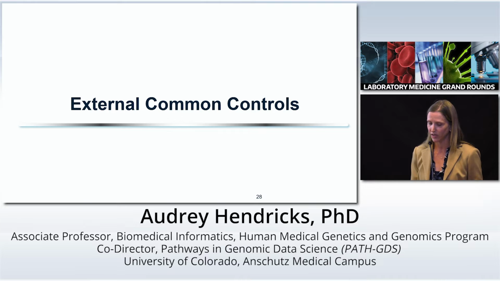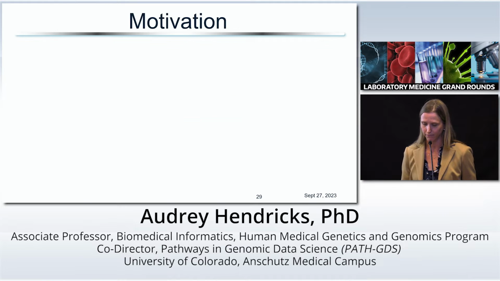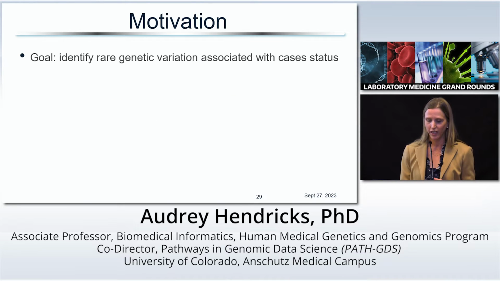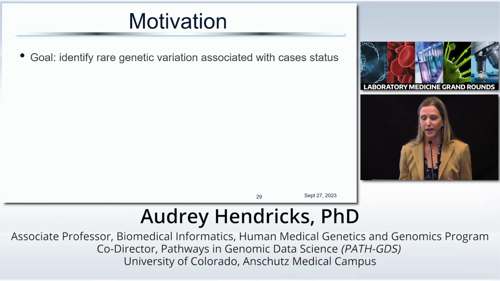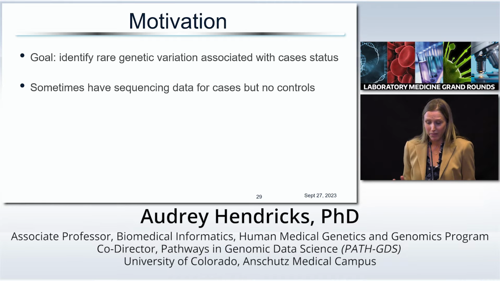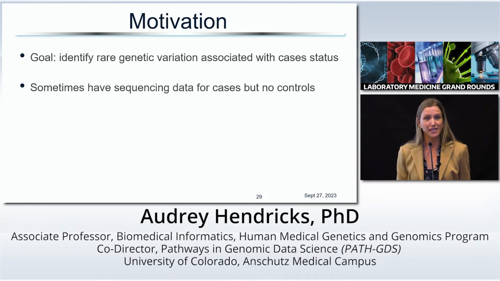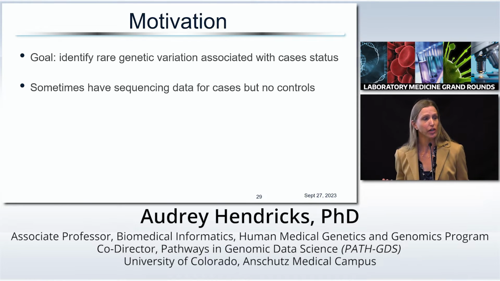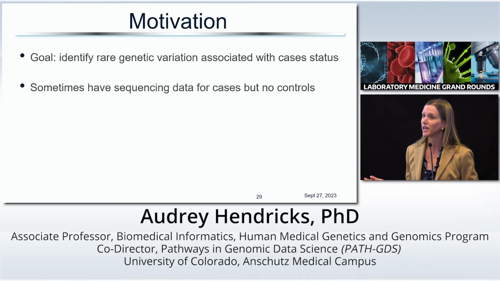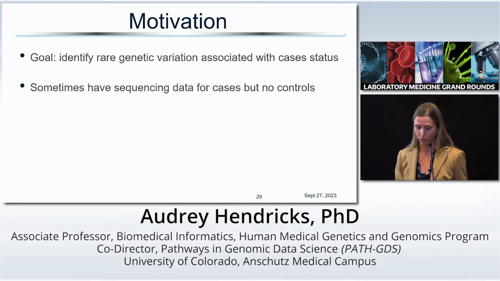I want to start with the use of external common controls. So the motivation here is that we want to identify rare genetic variation that's associated with case or condition or disease status. But sometimes we have sequencing data for cases and no controls. Imagine a study where you're studying somatic mutations in cancer and you've just gathered case samples, but now you want to look at germline mutations and you want to compare them to controls.